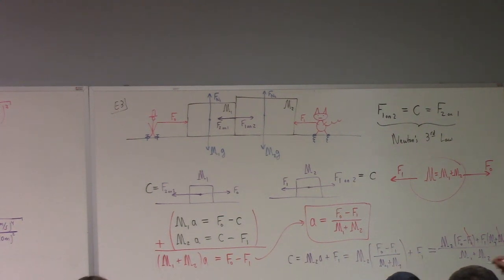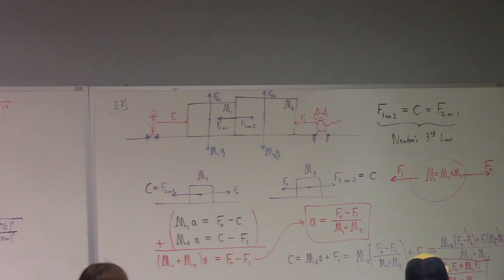And it leaves me with M2 F0 plus M1 F1 divided by M1 plus M2. So there you go. That right there, my friends, is the contact force. In short, do algebra, solve the Newton's equations for them. You can find them.